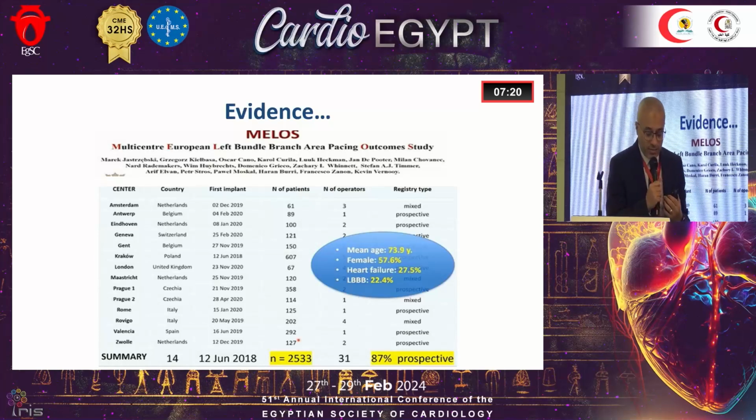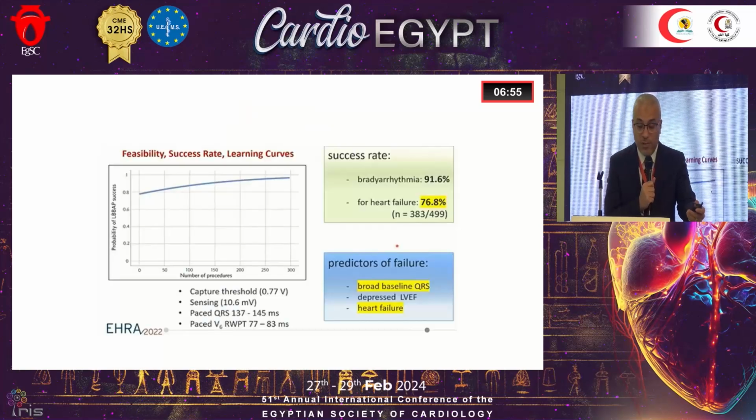So we have evidence about conductive system pacing, and I think the largest up to this time is the MELOS registry, which is the European left bundle branch area pacing outcome study. It included something like 2,500 patients with a mean age of 73 years old, females representing more than 50% of the population, with only 27% of patients with heart failure and 22% with left bundle branch block.